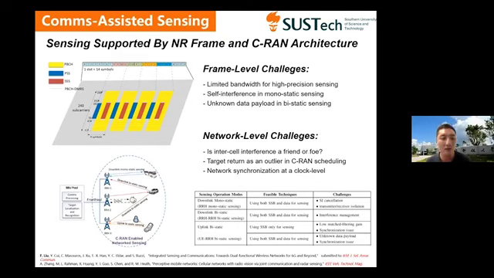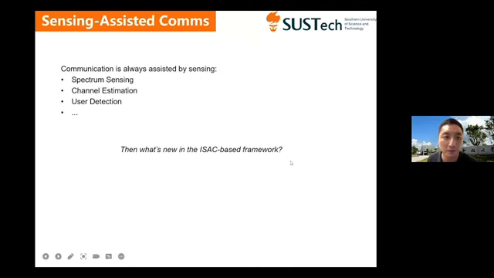Okay, so this is again unacceptable for sensing. So this will impose very high requirements on the network synchronization at a clock level. So these are some challenges in the sensing supported by communication frame and CRAN architecture.